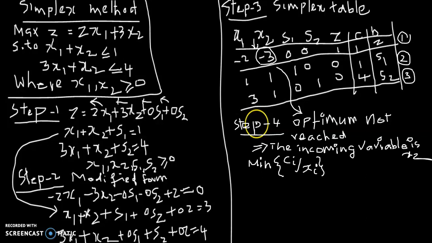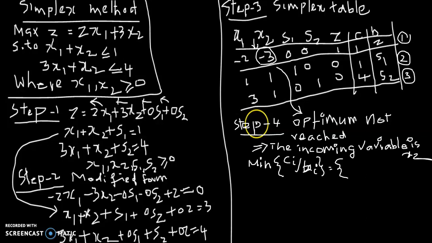Sometimes we call it Bi. This is the constant coefficient, and this is the corresponding incoming variable coefficient. This divided by this is called the replacement ratio. Among them, what is minimum? That's what we are interested in.